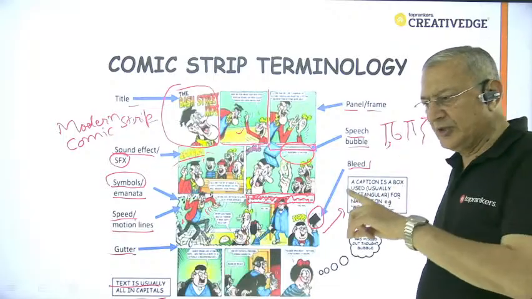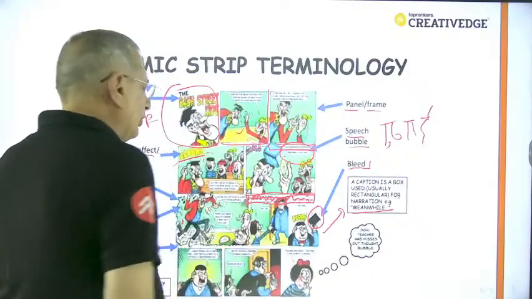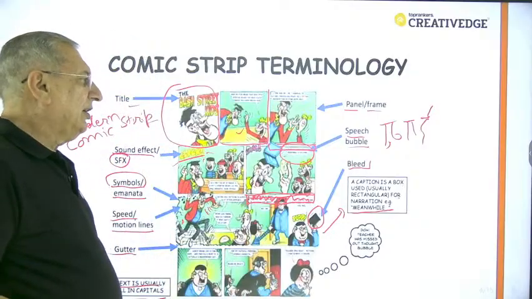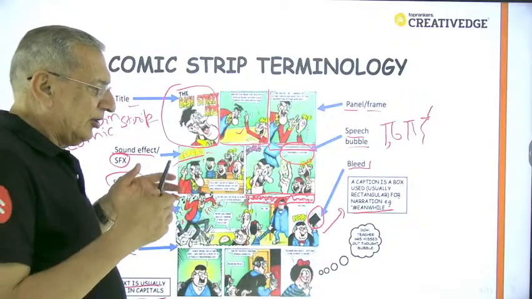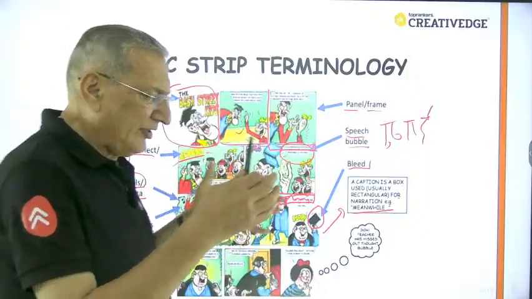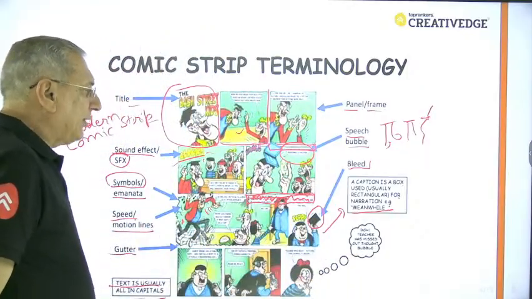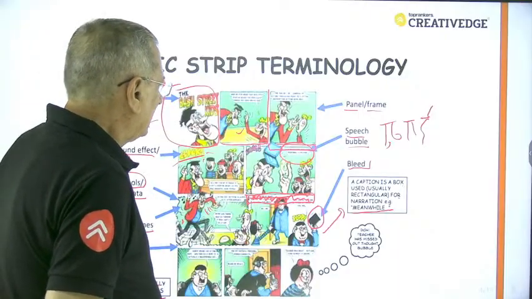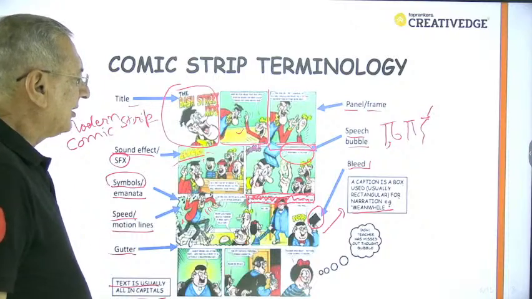I'm talking of the storytelling. Where is storytelling used, particularly as a precursor to filmmaking or TV serial making? They do make the visual story of it. Each frame is then used in the real shooting.